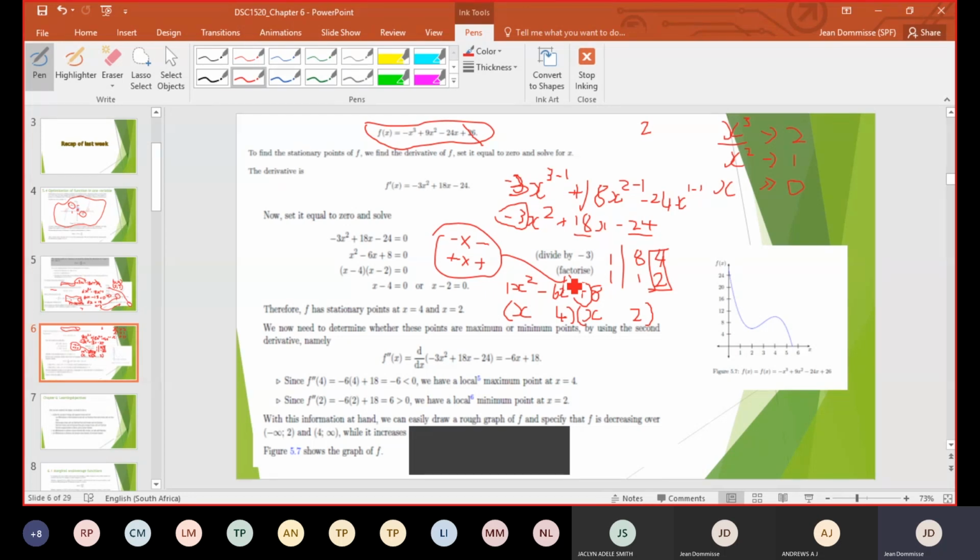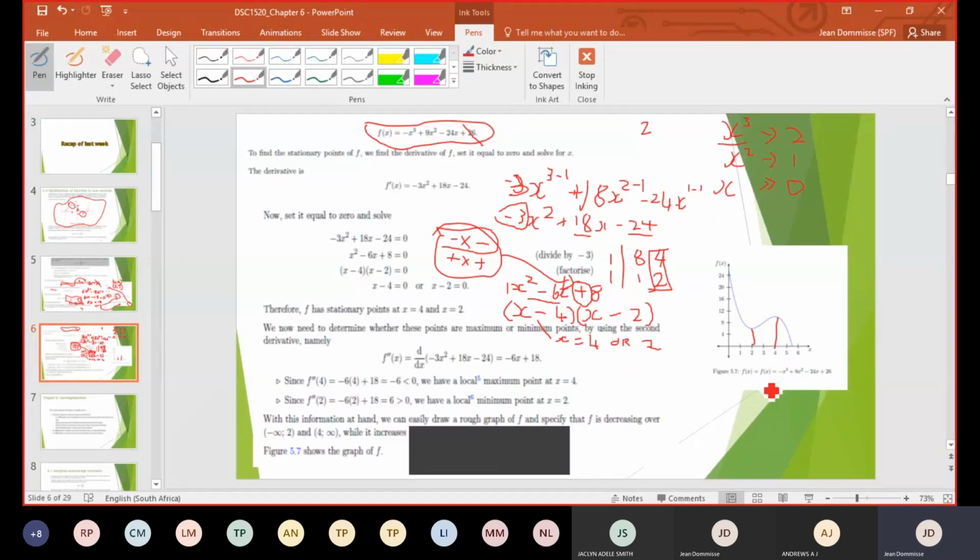So then I say, okay, let's look at the middle term, and that's a minus. That tells me I will need to work with the two minuses because I need to get to that minus. So it will be x minus 4, x minus 2. And then basically your x will be equal to 4, or your x will be equal to 2. So you'll see from here, there's your one turning point of 2, and there's your other turning point of 4.